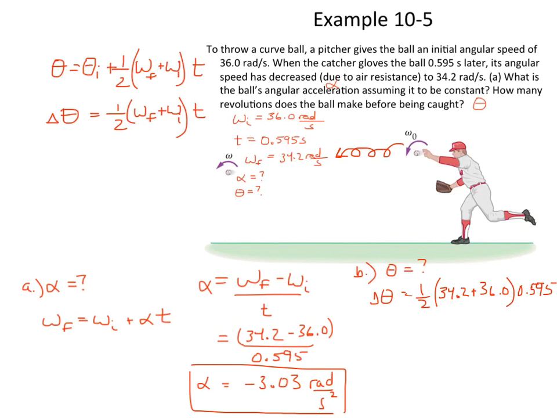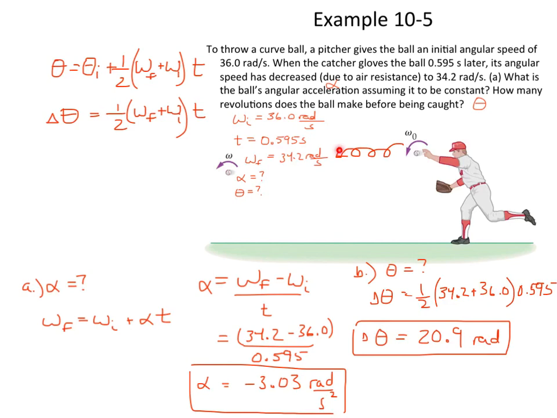If my calculations are right, I get that our change in angular displacement is 20.9 radians. We know that there's about 6.28 radians in one revolution, so 6.28 goes into 20.9 about 3 times, so it must have spun about 3 times by the point that it slowed down to that final angular velocity.